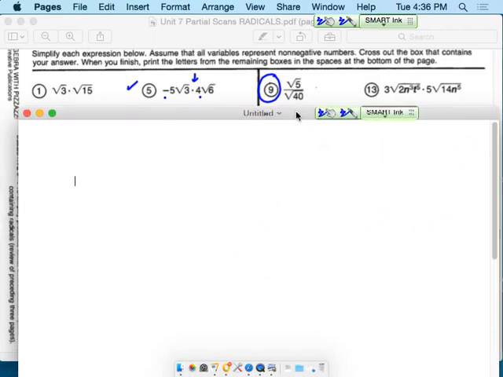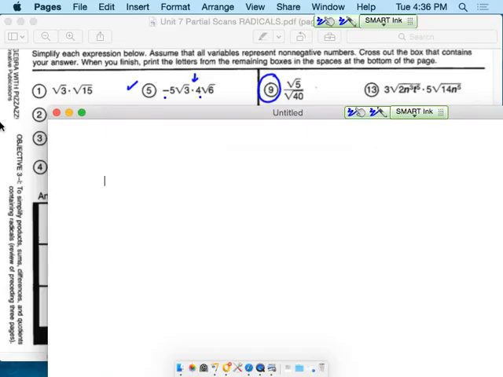Okay, let's look at problem number 13 together. So problem number 13, I'm still multiplying. Let me clear all the ink away. Okay, so I'm now going to look at problem number 13. And I'm going to multiply 2 times 5.